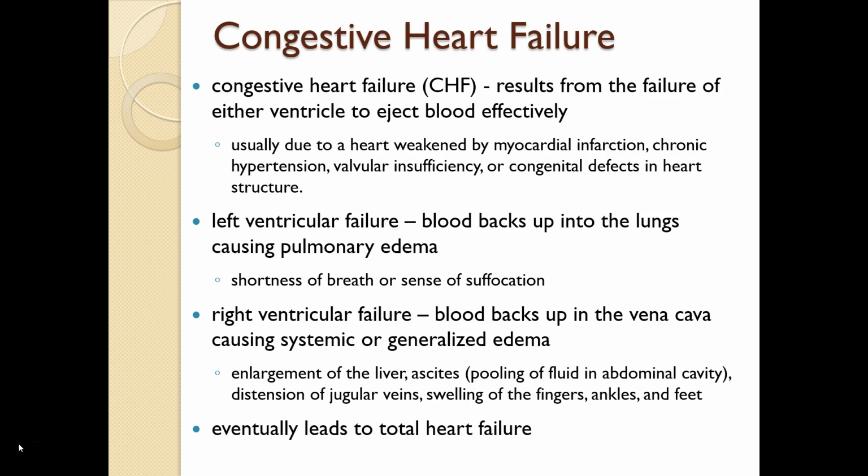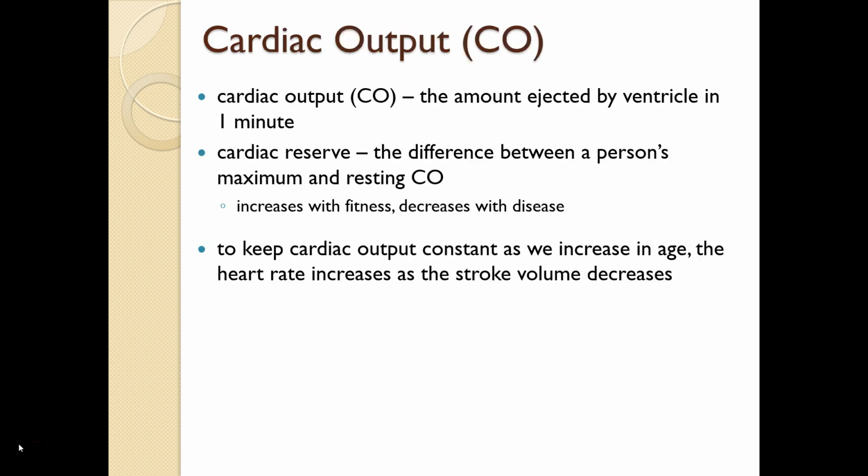And cardiac output is the amount of blood ejected by the ventricles in 1 minute. So you can compare cardiac output to stroke volume, right? So what do we say stroke volume is? The amount of blood ejected from the ventricles every time the ventricles contract. Okay? So that's stroke volume.